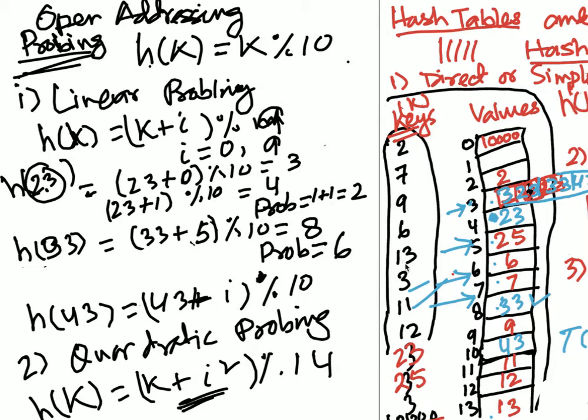For this one, 13 modulus 10 will be 3. So 13 will not be coming there, and 12 will not be coming there, and 11 will not be coming there. 13 modulus 10, so 13 will come here.